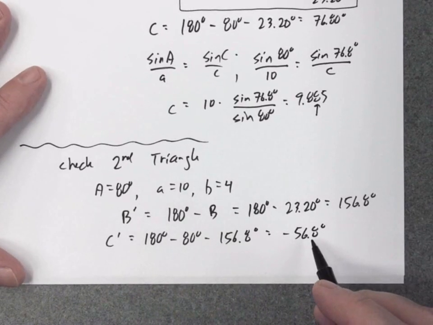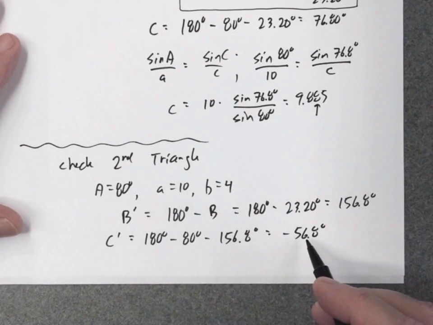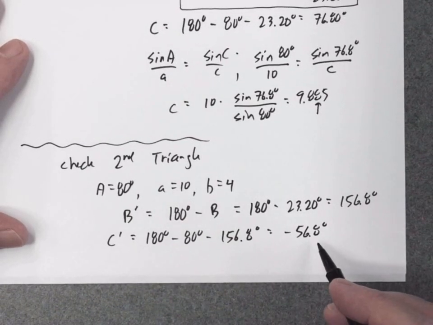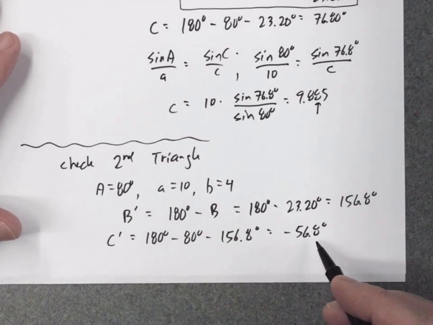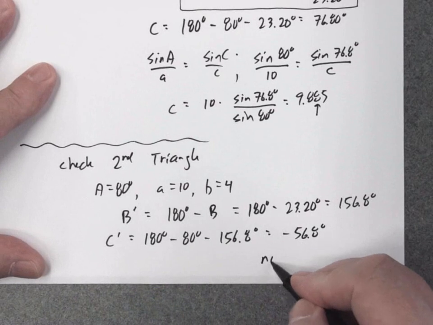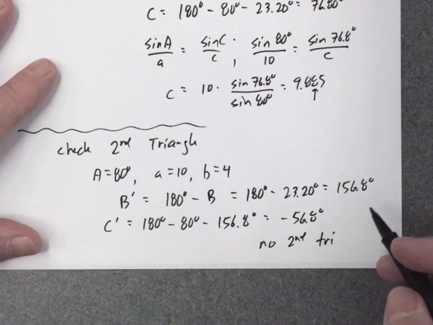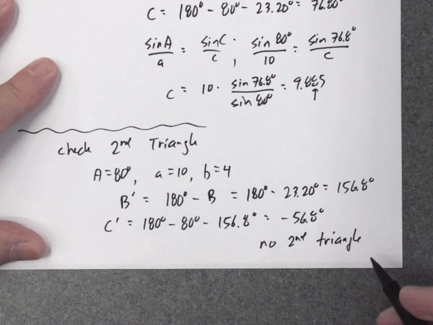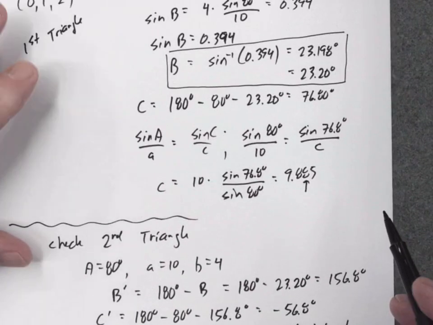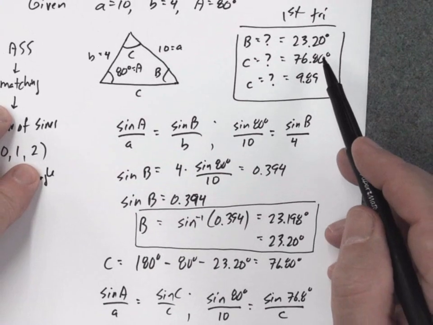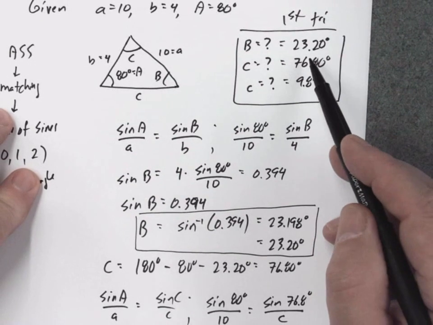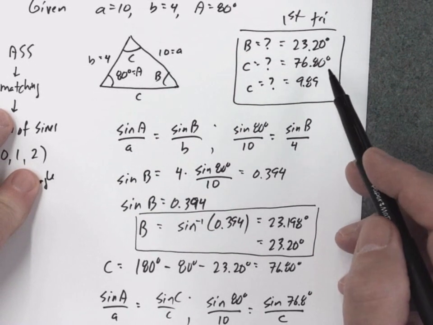Well, you cannot have a negative angle for these triangles. So this says, you know what? There is no second triangle. So for this problem, there's only one triangle, and these are the remaining dimensions.